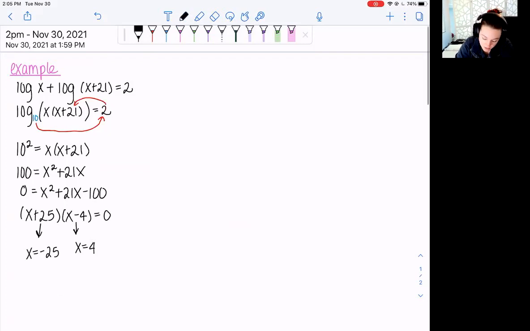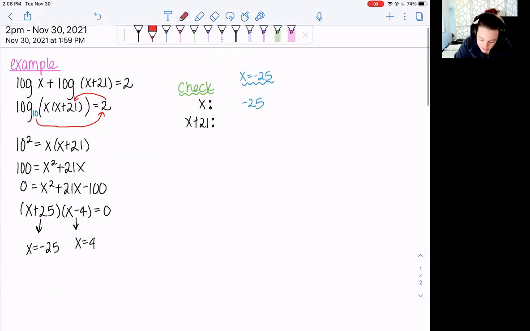And now we're going to check both of those in this original equation. So we need to check it in x and in x plus 21. If we look at negative 25, we can see right away that that's going to be an issue, because if you plug it in for x, you get a negative.